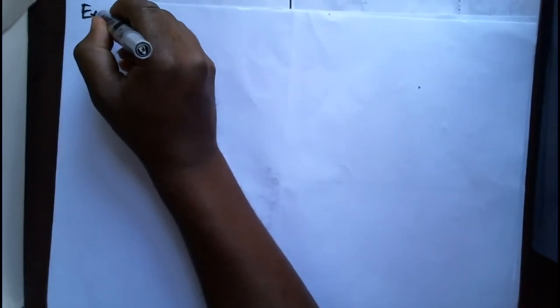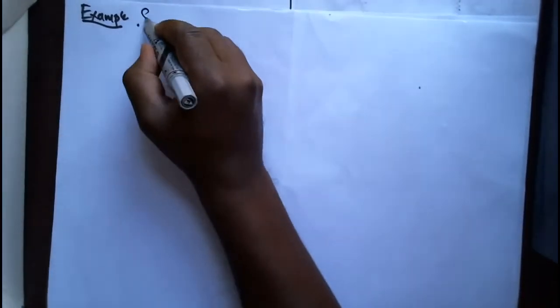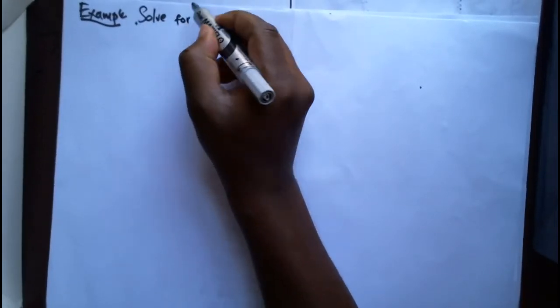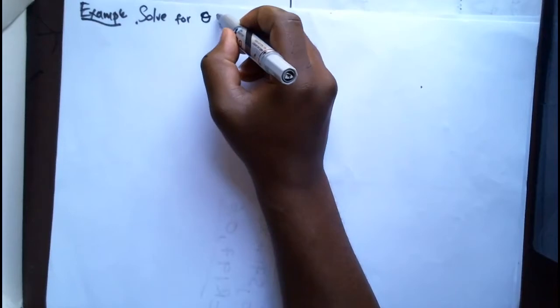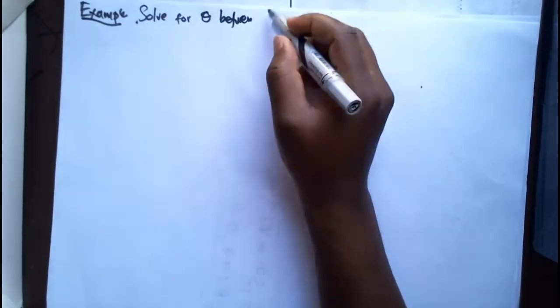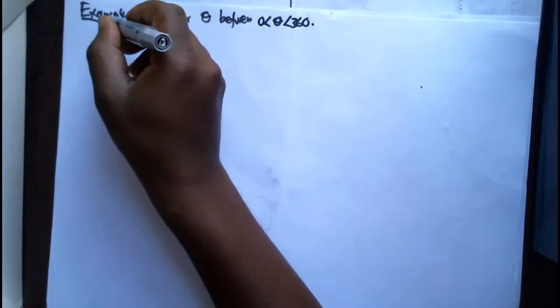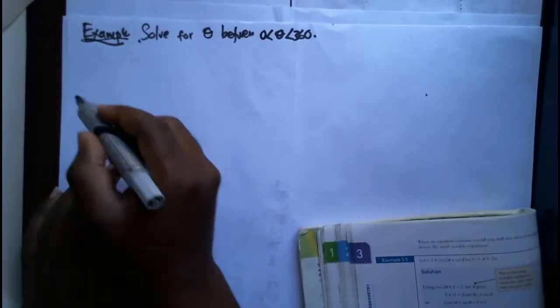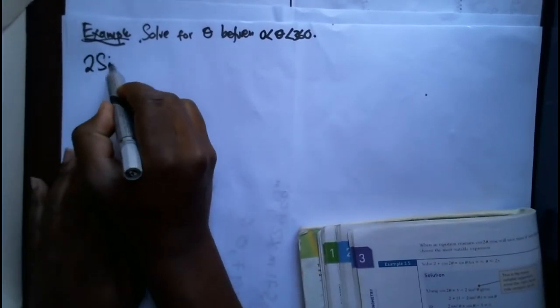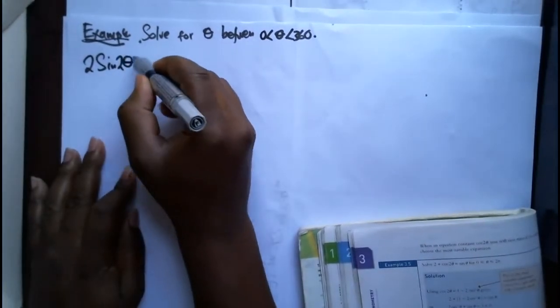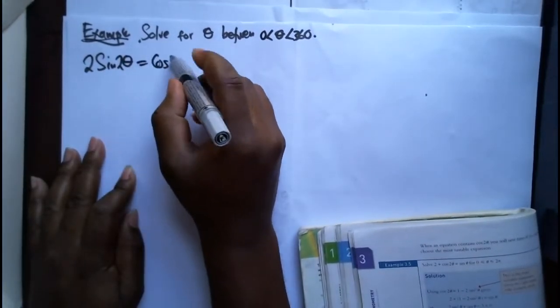So let's do an example. For theta between 0 and 360, 0 less than theta less than 360, we're going to solve the first question, which says 2 sine 2 theta is equal to cos theta.